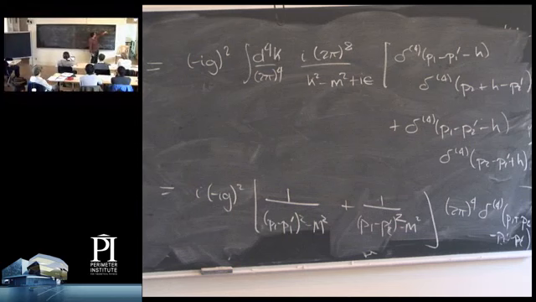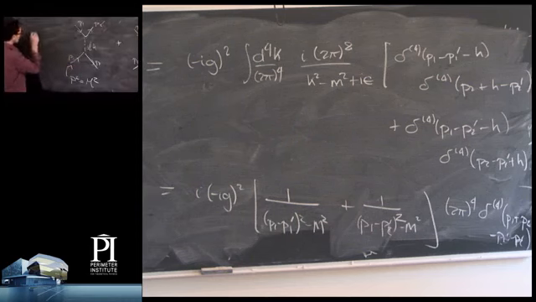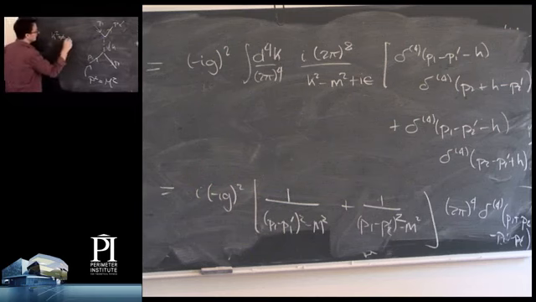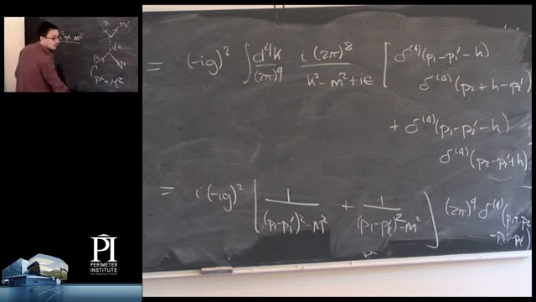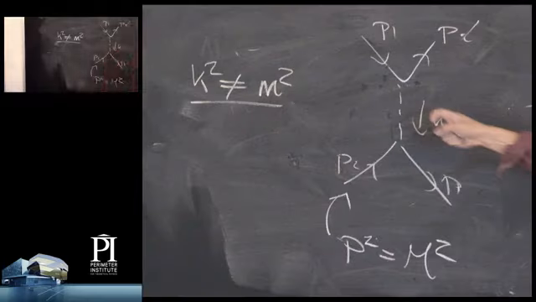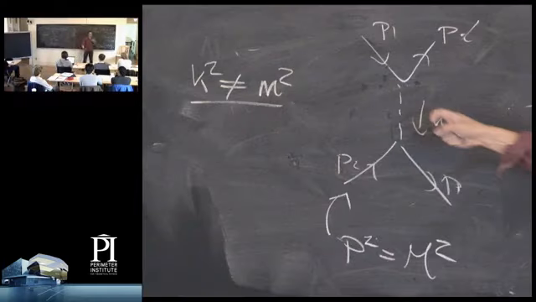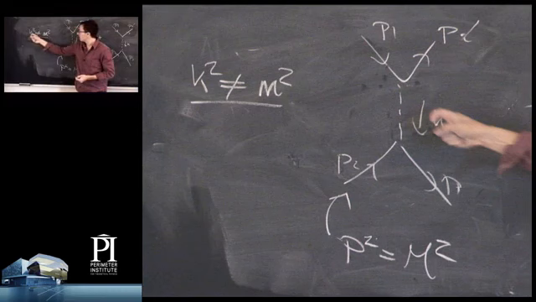So k is equal to the difference in this momentum and this momentum. Those delta functions never have k squared equals m squared. So the meson that's moving through here doesn't obey what you think it should obey. It doesn't obey that its four-momentum squared is equal to its physical mass squared.